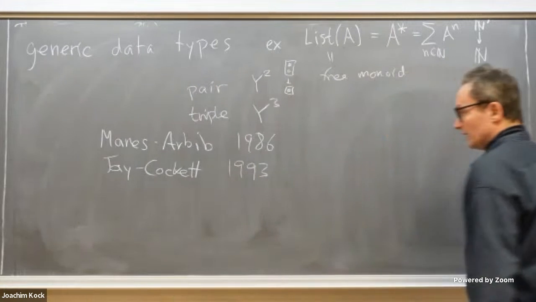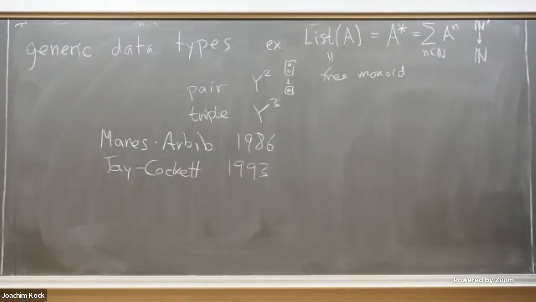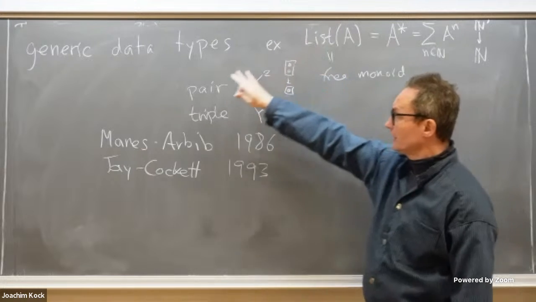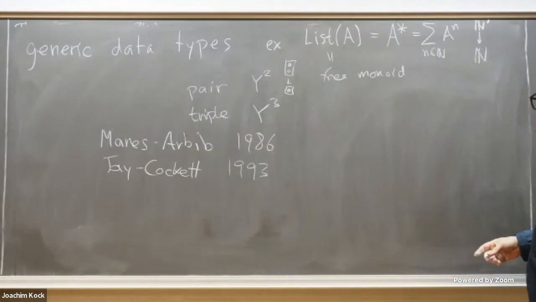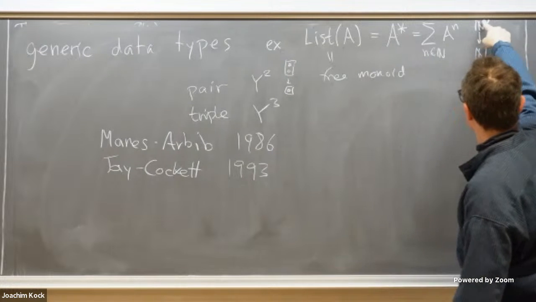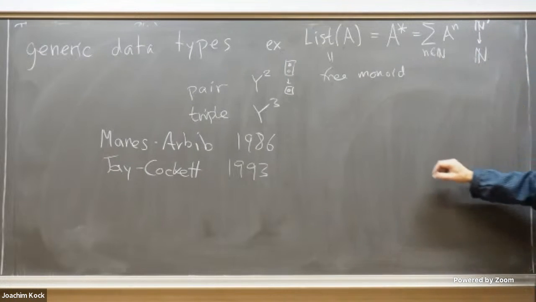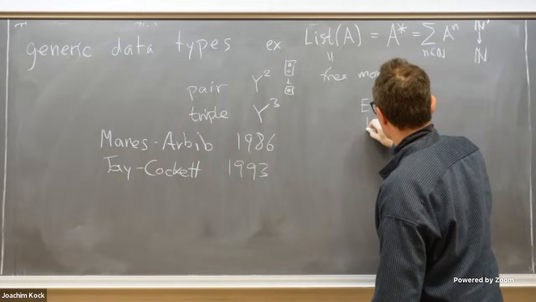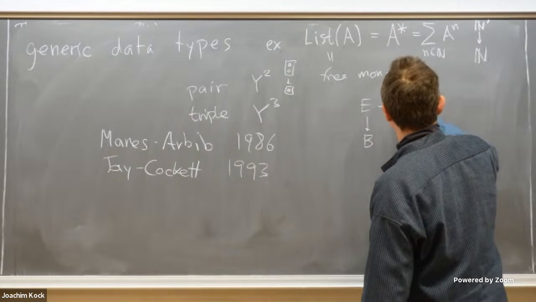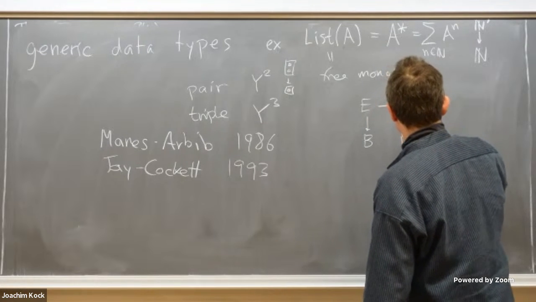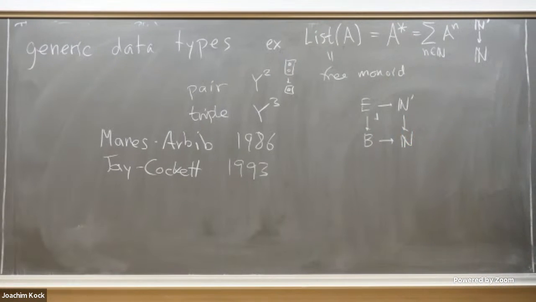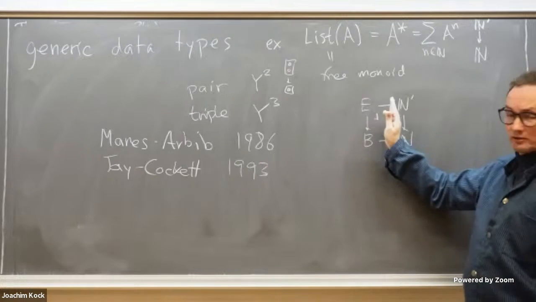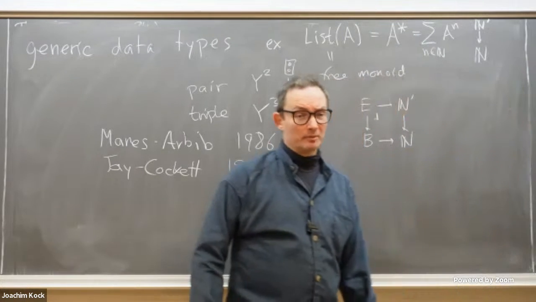So Jay and Cockett looked at polynomial functors as generic data types like this, but they furthermore require their data types to be over the list type. So that means they're looking at things like this. And this should be a Cartesian square. And they call such data types shapely types.